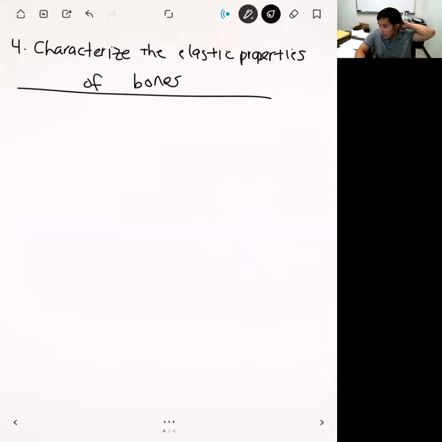Okay. And so what I mean by this is that I want you to characterize how the bone acts as a material, right? If you compare this to steel, or you might compare it to aluminum, right? And so how those materials respond to stress, I want you to basically describe that for bones as well, right? And so for a typical isotropic linear material, we have this simple stress strain relationship, right? So we say the stress is equal to the Young's modulus multiplied by the strain.